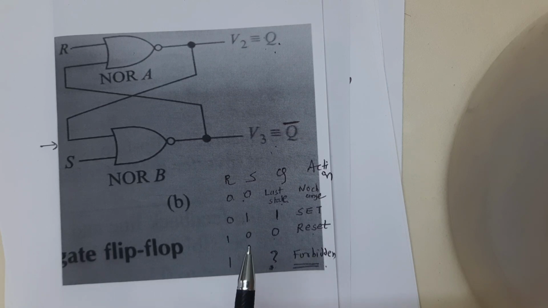The last input condition in the table, R is equal to 1 and S is equal to 1, is forbidden, as it forces the output of both the NOR gates to the low state.